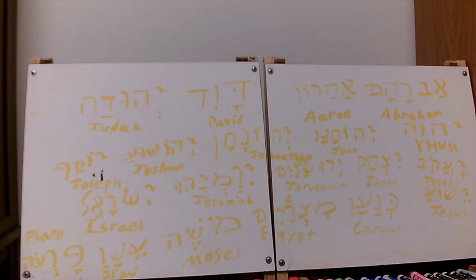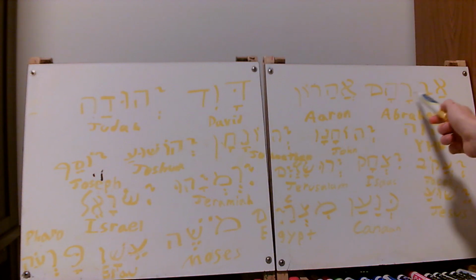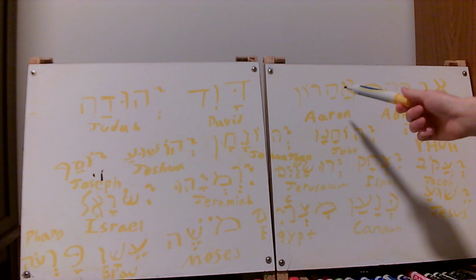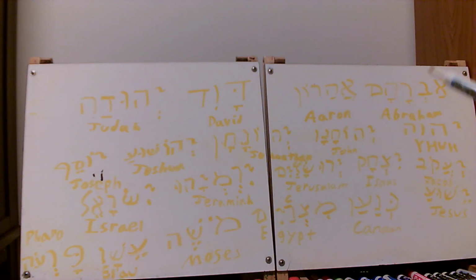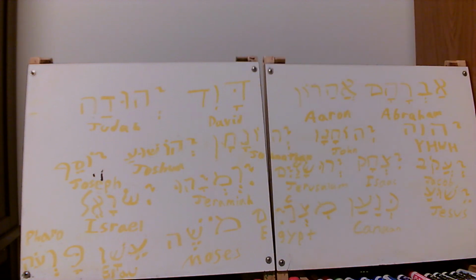So you probably can't see this very well, but we have Avraham, which is Abraham. See, the schwa is silent because the vowel is short. So we have Avraham, which is Abraham. Aharon, which is Aaron. Greek doesn't have an H, so that's probably why it was removed. So David is David.